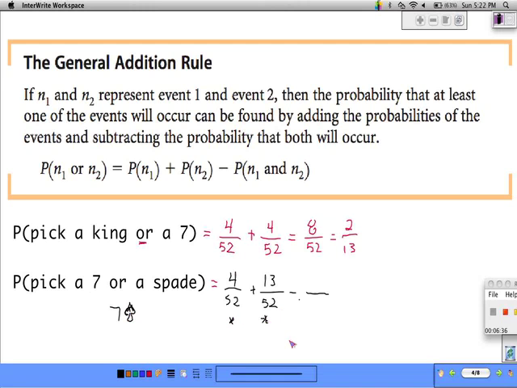It got counted twice. We have to subtract off the probability of picking something that is a 7 and a spade. Well, there's one of those out of 52. And this would be 16 out of 52, which reduces to 4 out of 13.